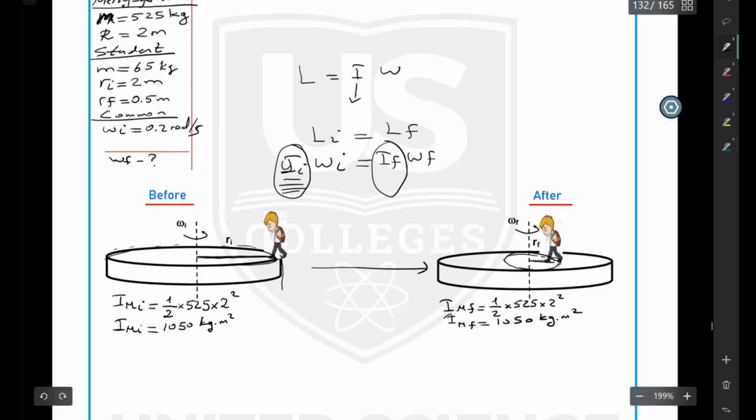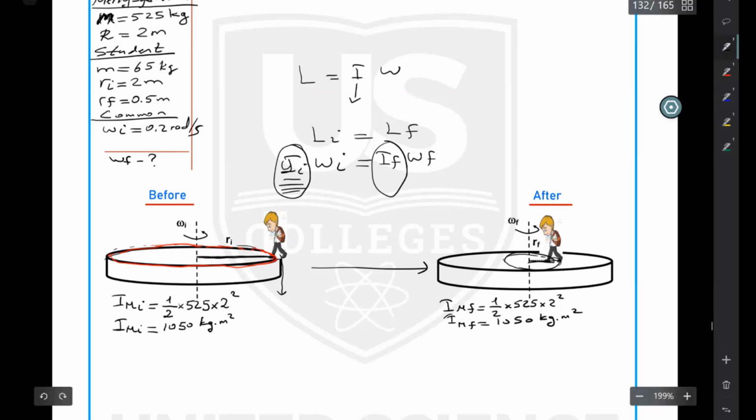But the student is not like this. Initially, the student is at some distance, 2 meters from the axis of rotation, but finally 0.5 meter. So the moment of inertia of the student is changing. Now what equation am I going to use for the student? The student is following a circular path, so circular motion. That's why you are going to use the equation for a point mass about an axis.